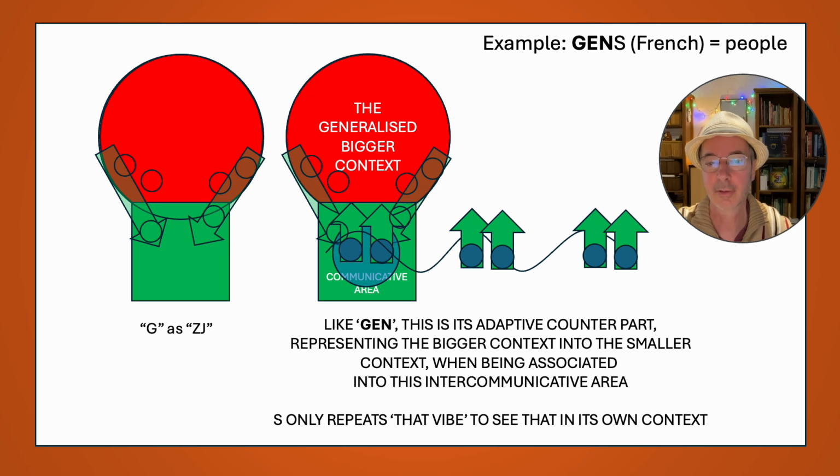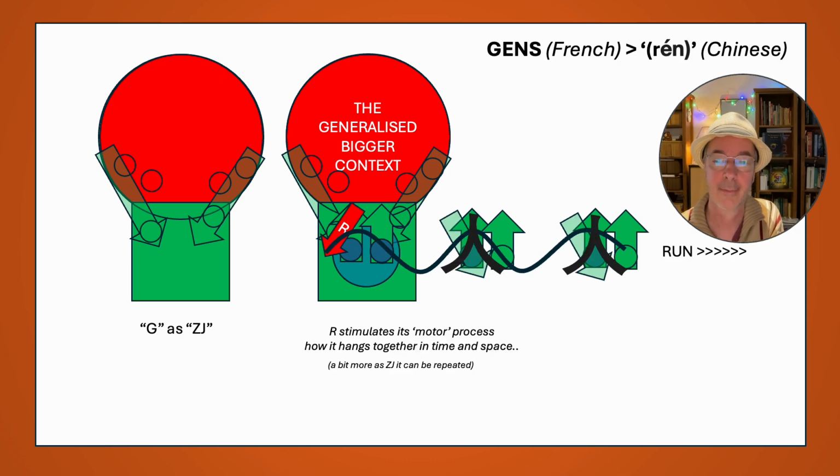So the gen will be repeated with gens, within gens, it will be repeated on the same vibe, with the same process. The process is repeated. That's what the S often does at the end of the word if you simply add S. So that's why it's used for plural as well. So you can just repeat the process. You can see the process again with this S at the end.